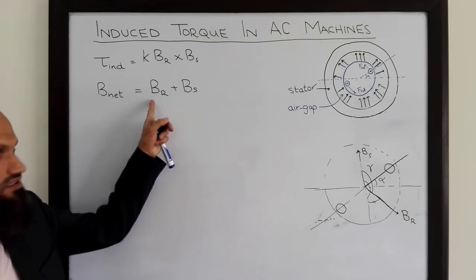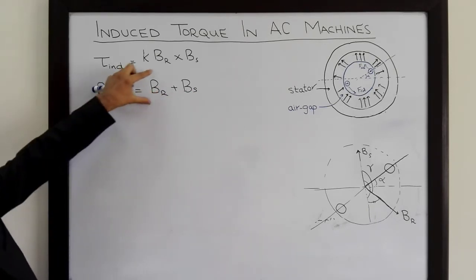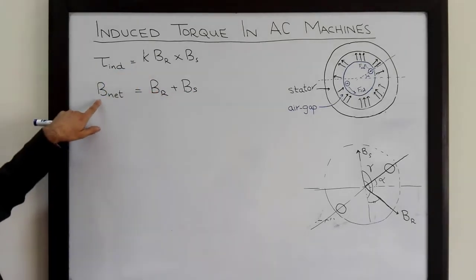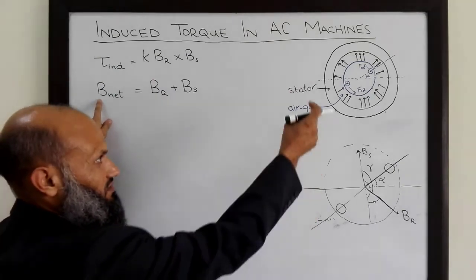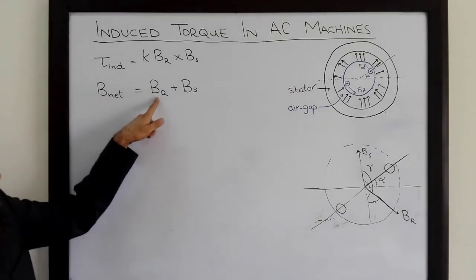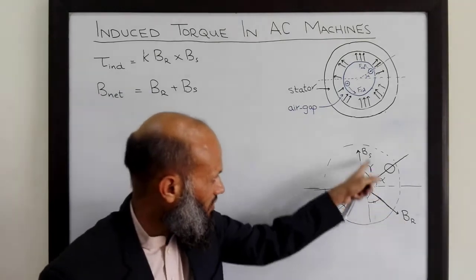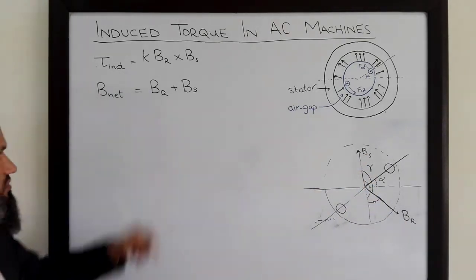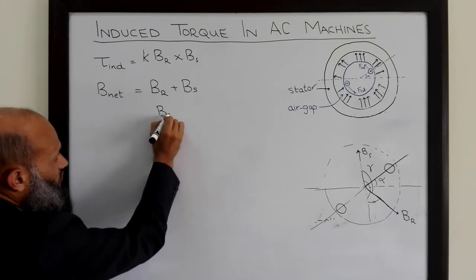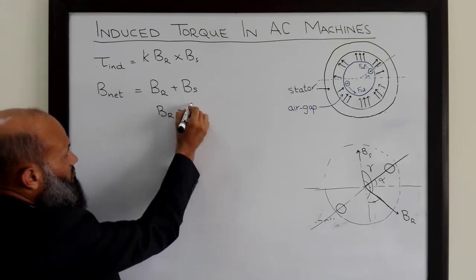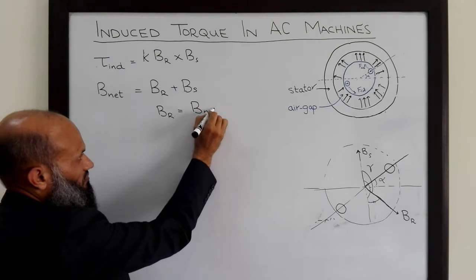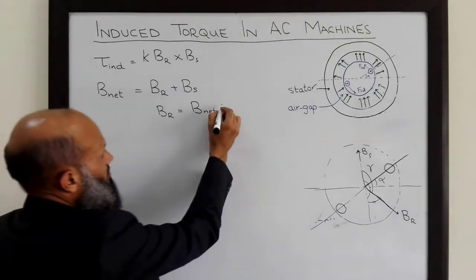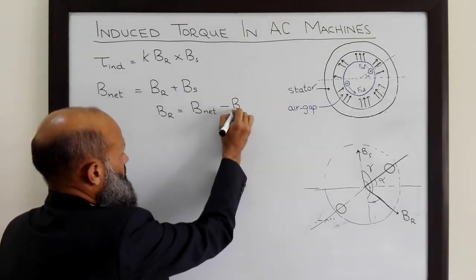Remember that these are vectors and this sum is a vector sum. Or this expression can be equivalently written in this form: Br is equal to the net magnetic flux density minus Bs.